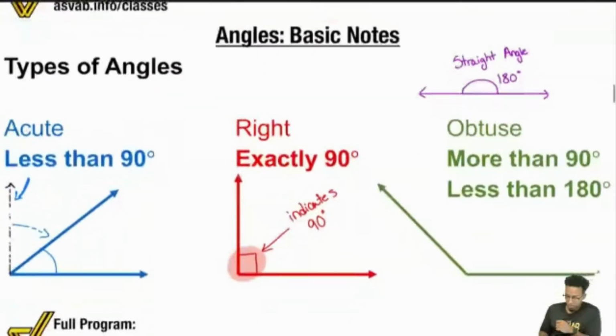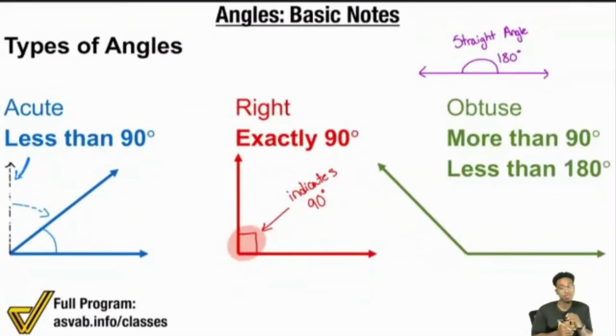And then double bonus points. Who knows what it's called when it's beyond 180, but less than 360? What's that called? They may not test you on this on the ASVAB, but I'm curious. Latifa, that is correct. That is a reflex angle. So more than 180, but less than 360, reflex angle.